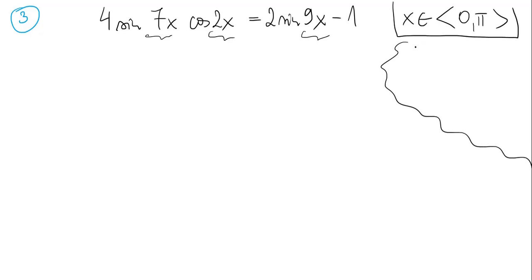So as you can see here, I'm just showing that there's 7x, 2x, 9x. So we could easily notice that 9x is 7x plus 2x. So you have two options. You can substitute 9x as 7x plus 2x, and then use the formula for sine of the sum of two angles, which is going to be further in this video.